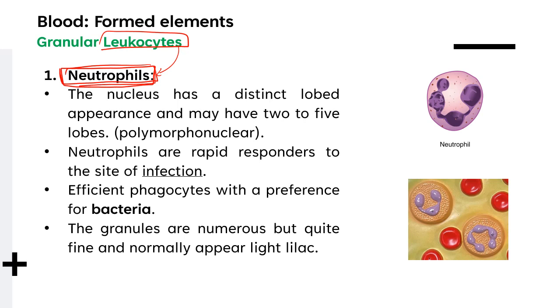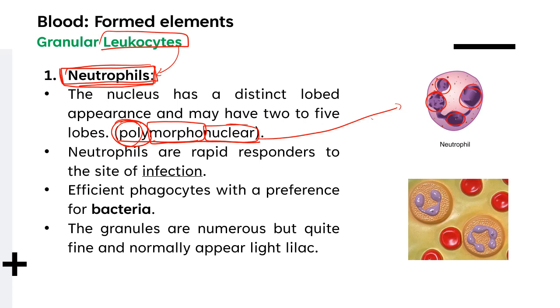Neutrophils are also called polymorphonuclear cells. Poly means many, morpho means shape, and nuclear is the nucleus. This cell has this specific characteristic. It looks like it has multiple nucleus. Poly because multiple, morpho is the shape, and nucleus.